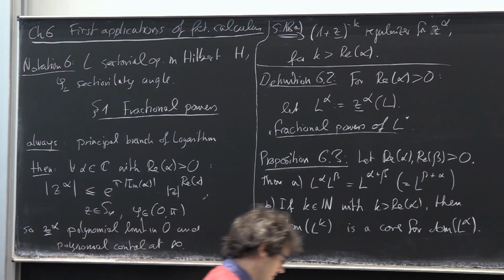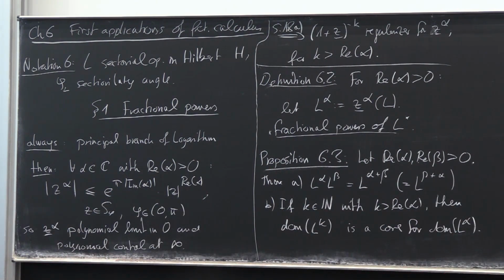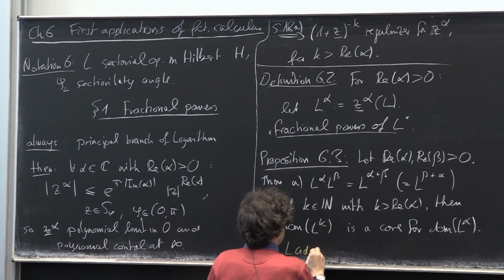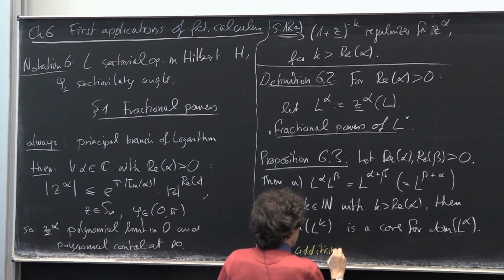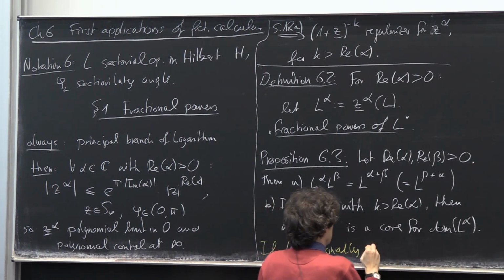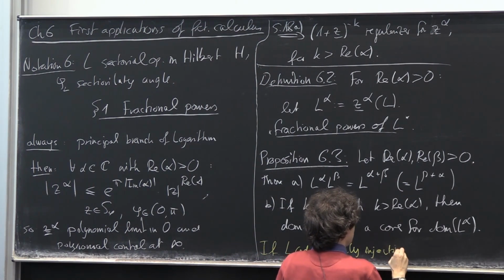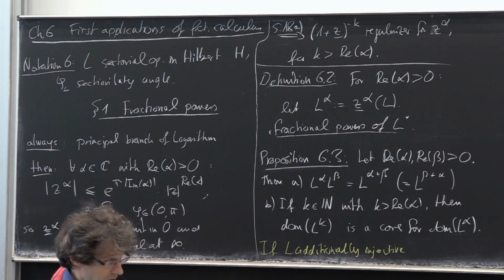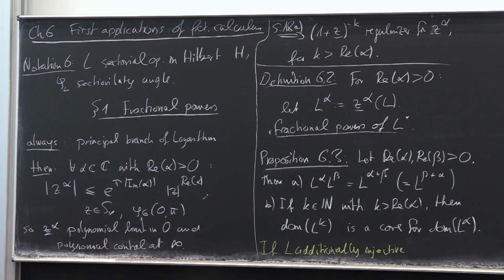And then, as is often the case, if your operator L is even injective, so if L is additionally injective, then we have a second regularizer, a better regularizer at our disposal. So this function z over 1 plus z to the minus 2, z over 1 plus z squared.